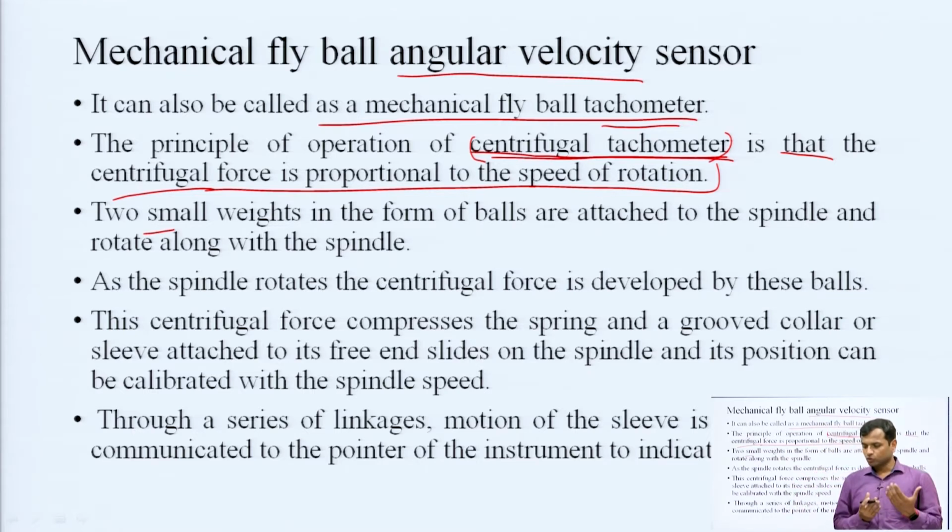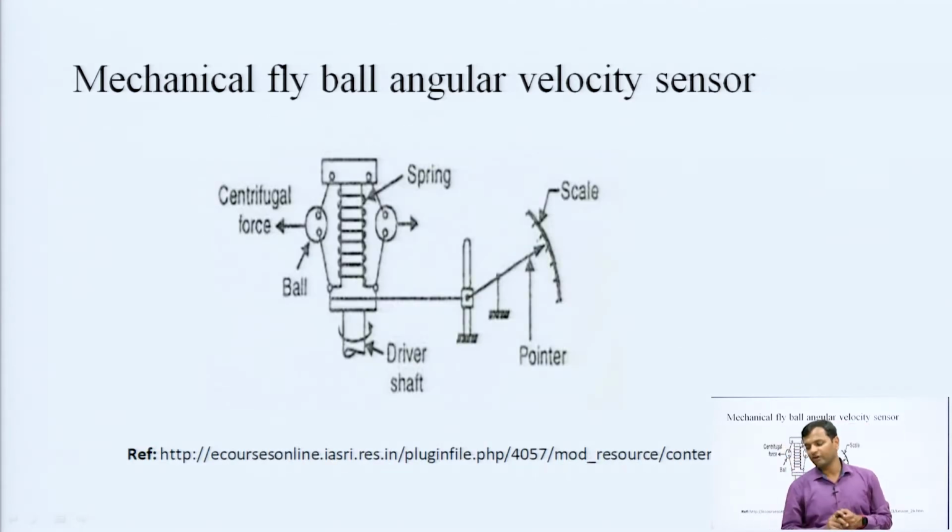Through a series of linkages, the motion of the sleeve is amplified and communicated to the pointer of the instrument to indicate its speed. So, we will see the basic arrangement. This is the basic working of the mechanical fly ball angular velocity sensor.